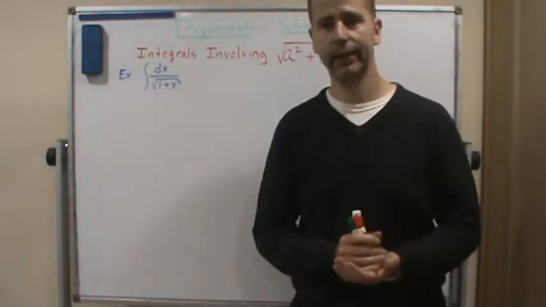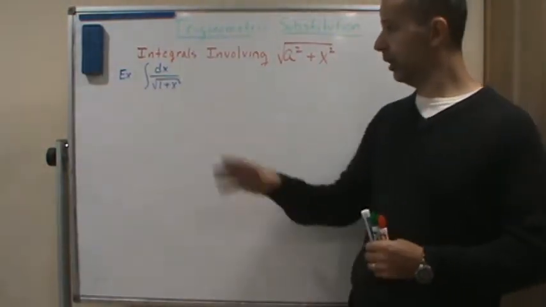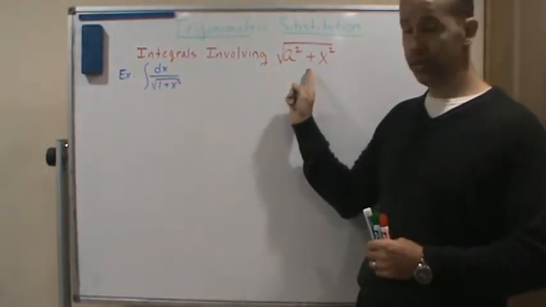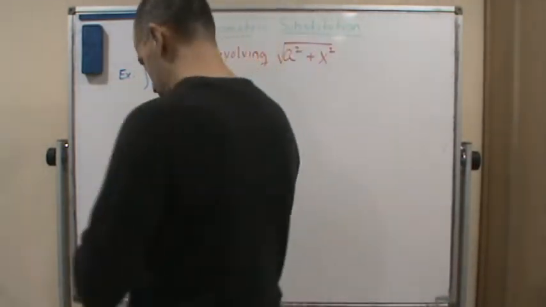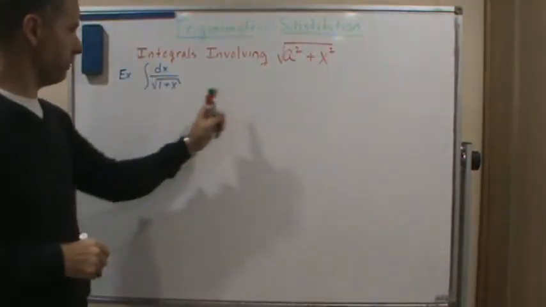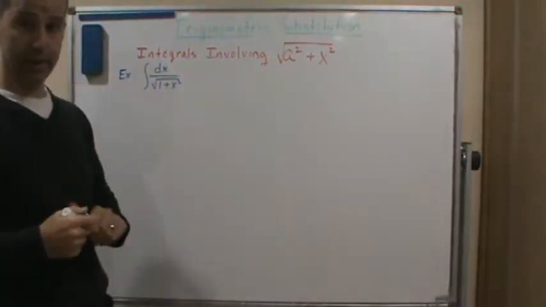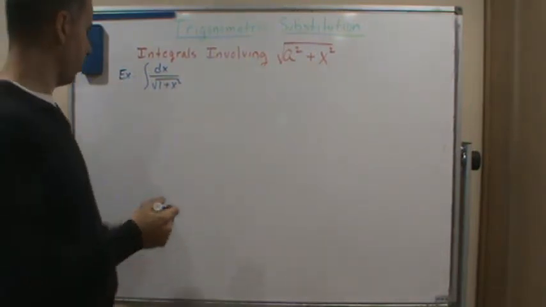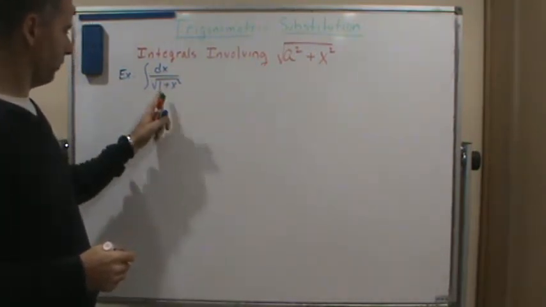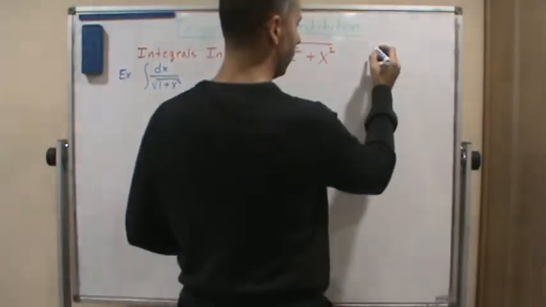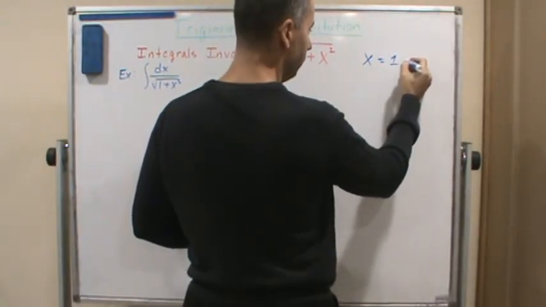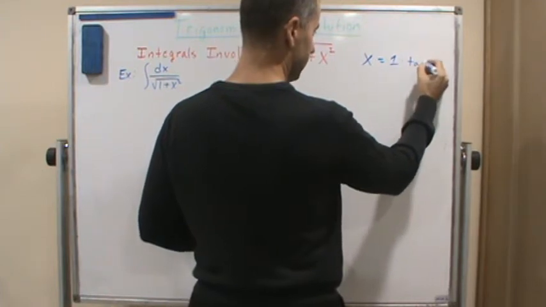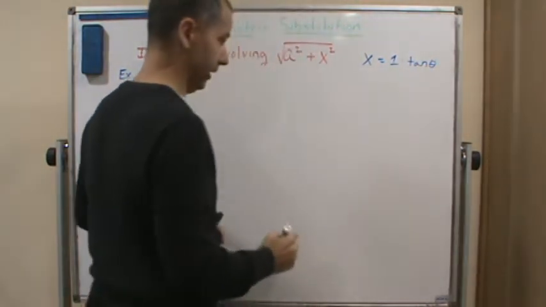Okay, so welcome back. Now we're going to do an example of another trig substitution involving tangent. First thing I'm going to do, since it matches the form, is use my tangent theta. So A is 1, and x is equal to 1 times tangent theta.